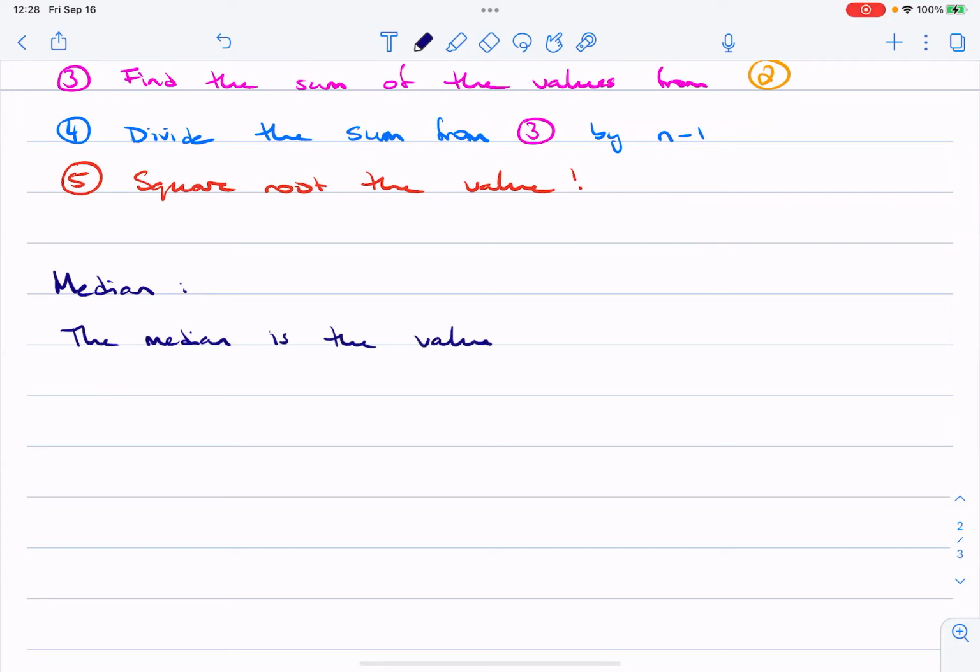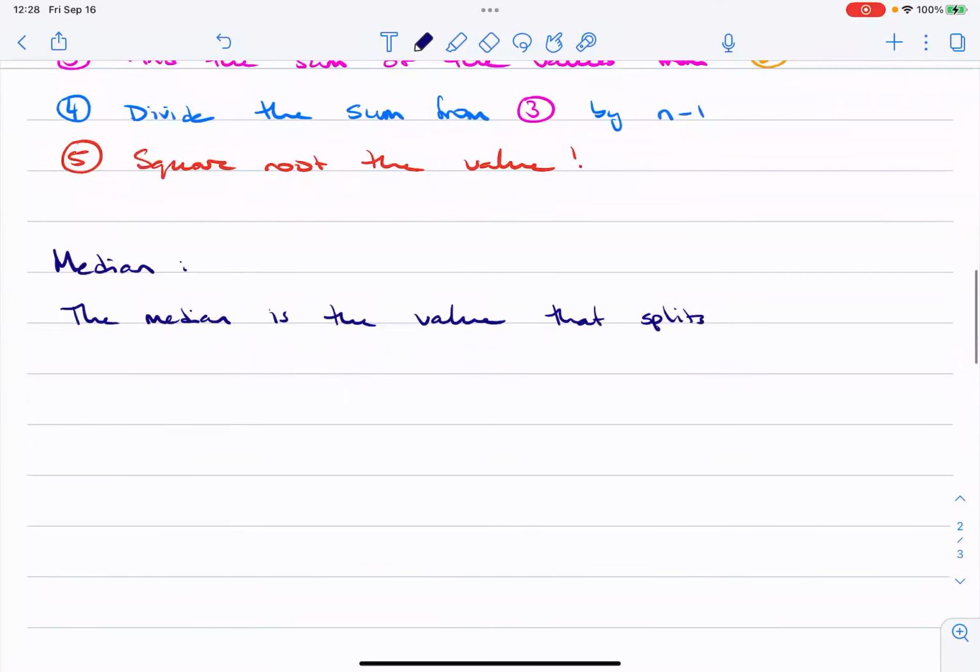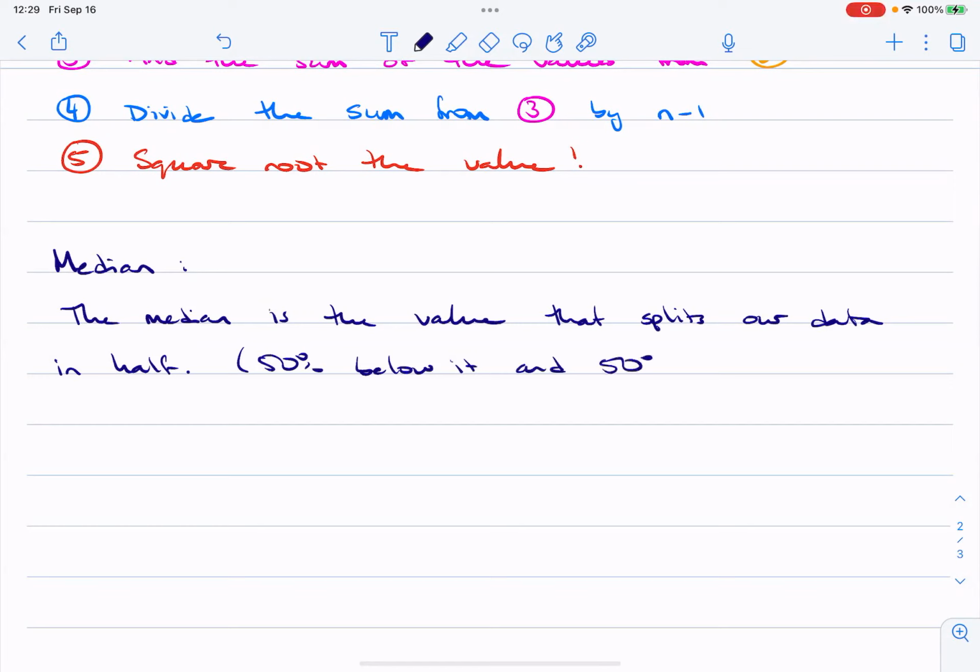Remember, the median is a measure of center. So it's the middle value that splits our data in half, 50% below it and 50% above.